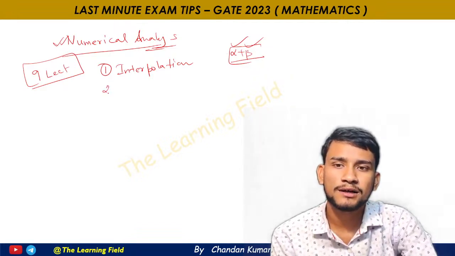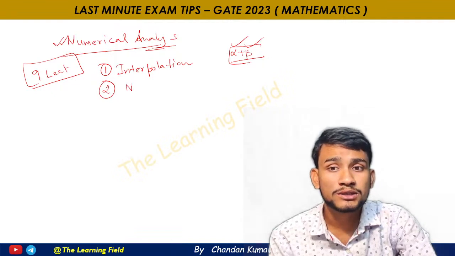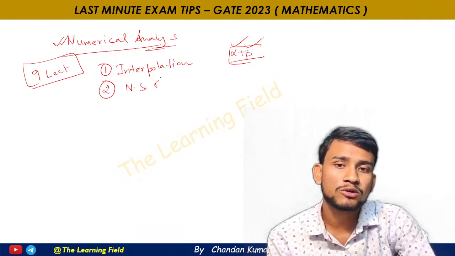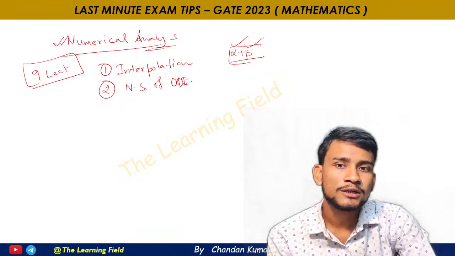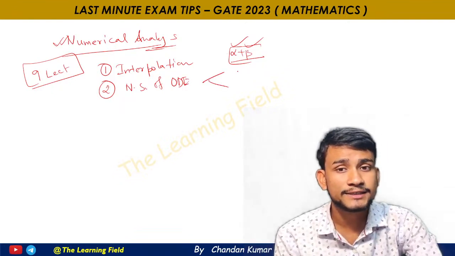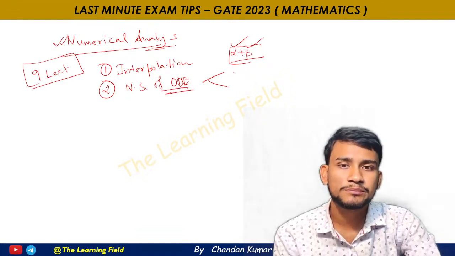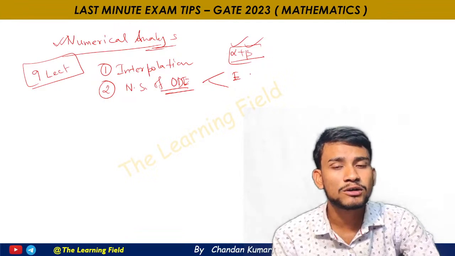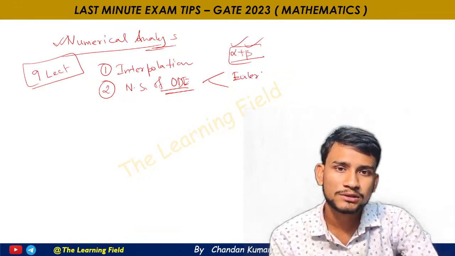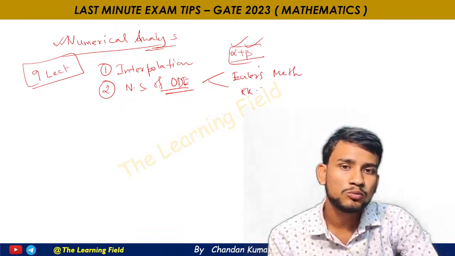The next topic is numerical solutions of ODE. Here I think the last lectures of numerical analysis are very helpful for this section. The topics are mainly second order methods, that is Euler's method and RK2 methods.